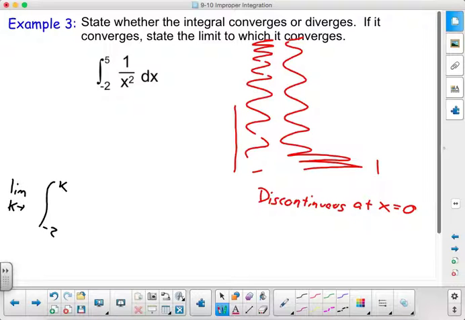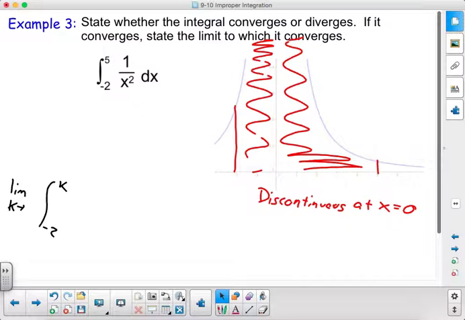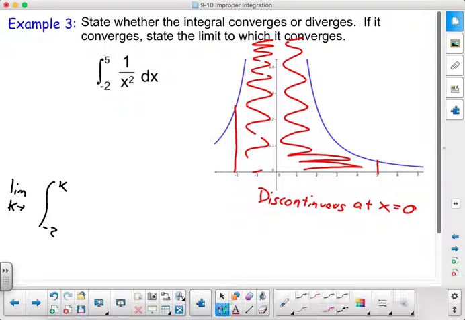Where's it discontinuous? At 0. So I'm going to take this limit as k approaches 0. I go from -2 to k of this integral. But I also need to add the area of the other side. What's the other one?